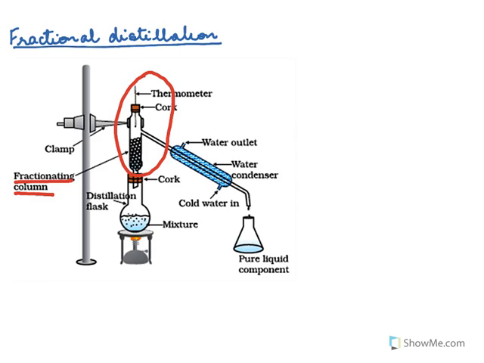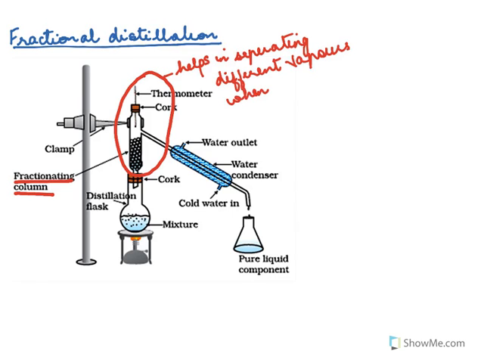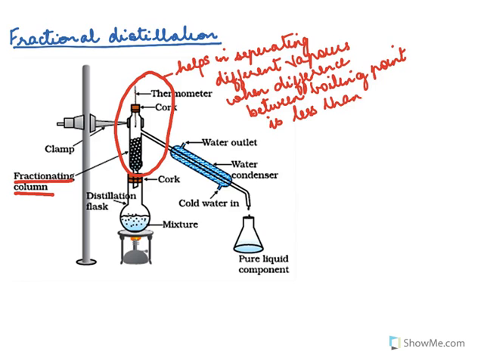This fractionating column helps in separating the different vapors when the difference between the boiling points is less than 25 Kelvin.